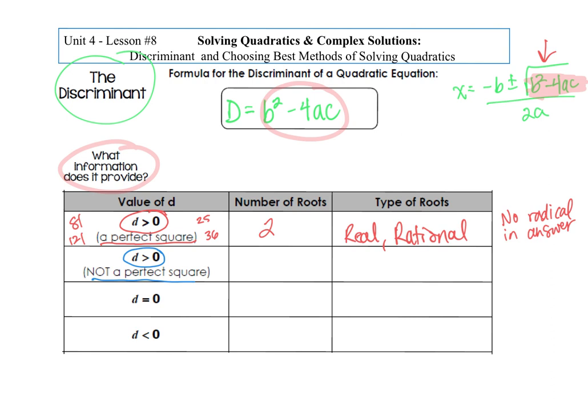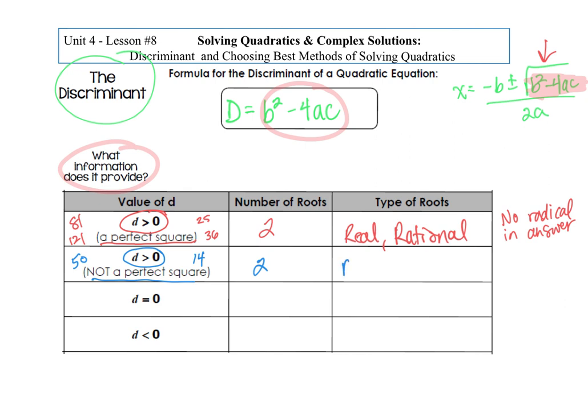Now let's show in blue here, if our discriminant is bigger than 0, but it's not a perfect square. Like what if we're taking the square root of 14 or 50, 92, any number bigger than 0 that's not a perfect square, we're still going to get 2 real roots. But our answers won't be rational.